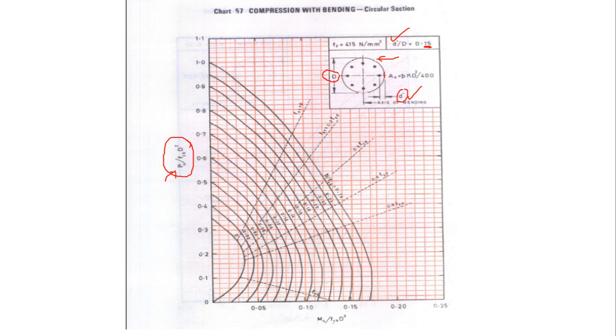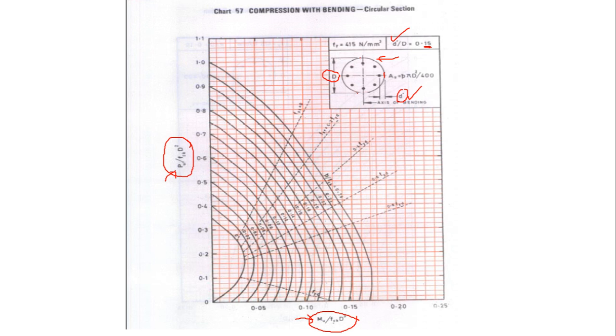And on the x-axis, I have got Mu by fck D cube. Mu is the factored bending moment, or in our case the corrected bending moment, divided by fck D cube.